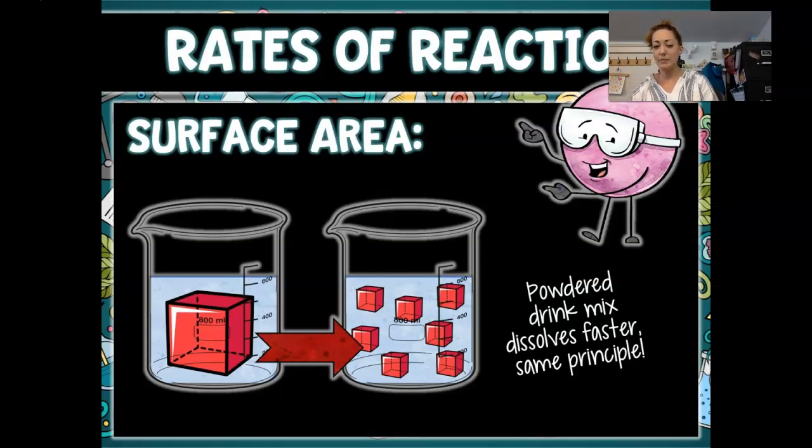It's the same thought as us doing a spoonful of sugar, which is more surface area, versus a sugar cube. We looked at surface area way back towards the beginning of the year when I gave you a clean penny and a dirty penny, and we were seeing how many water drops we could fit on the surface of the penny, trying to hypothesize what's going to hold more water, dirty or clean.